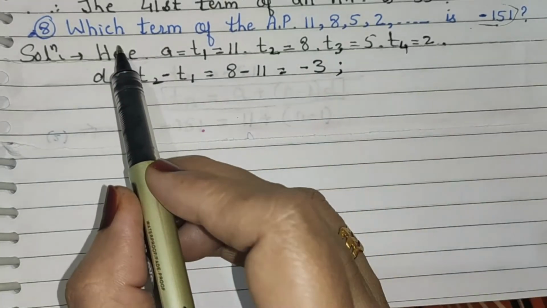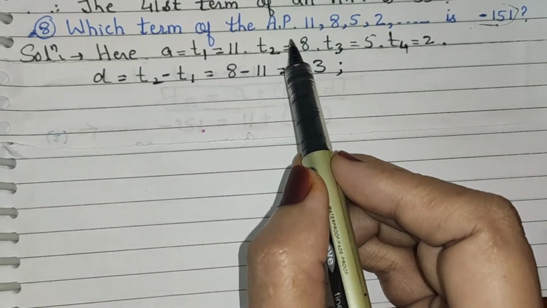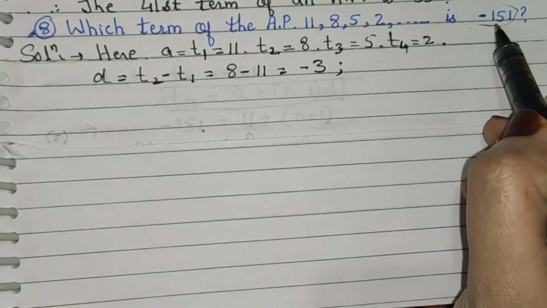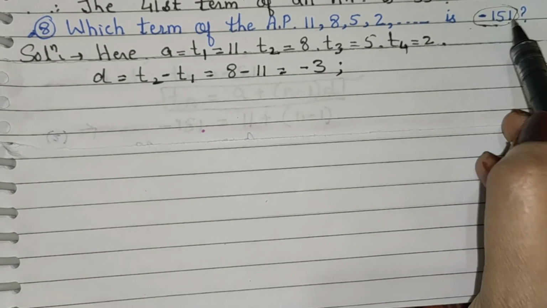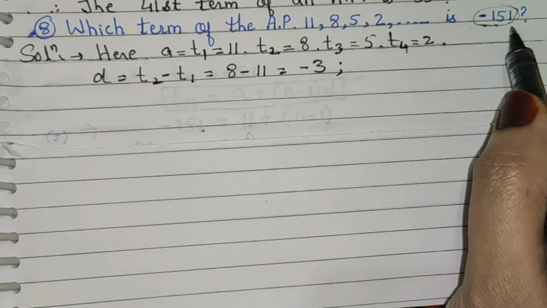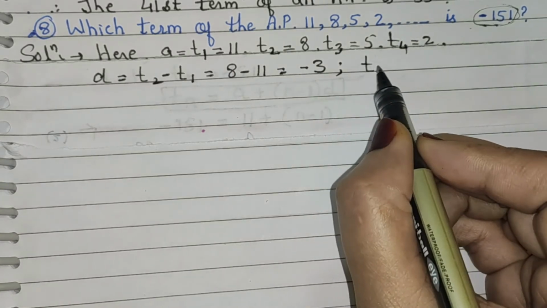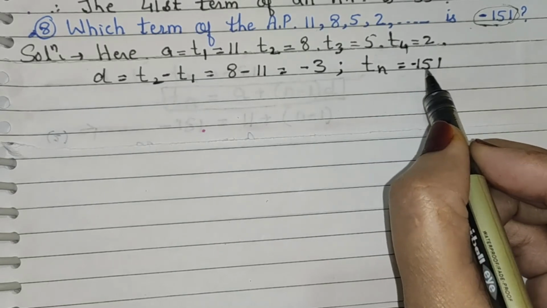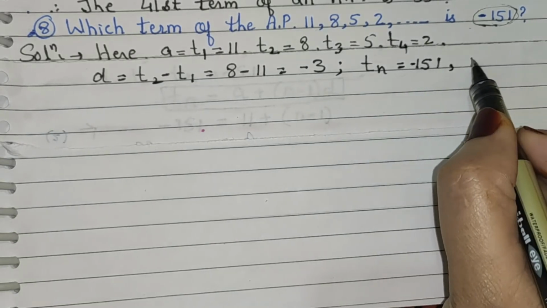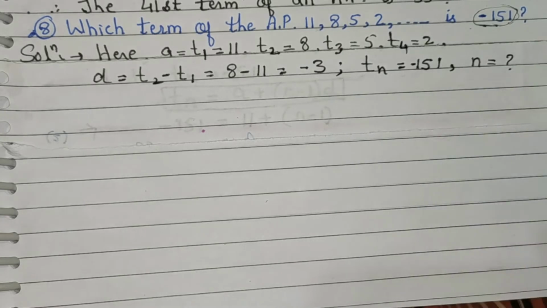Now which term of the AP is minus 151? Therefore let it be the value of Tn. Therefore Tn is equal to minus 151. Our aim is to find the value of n.